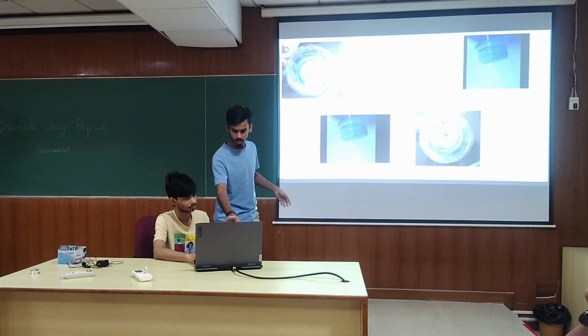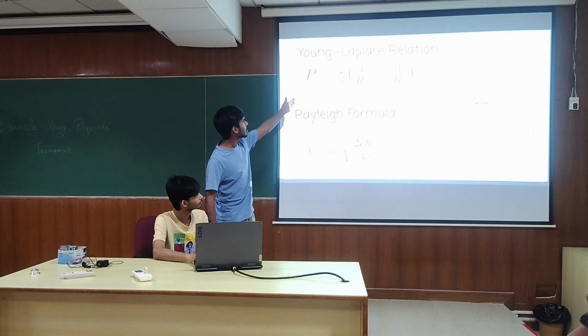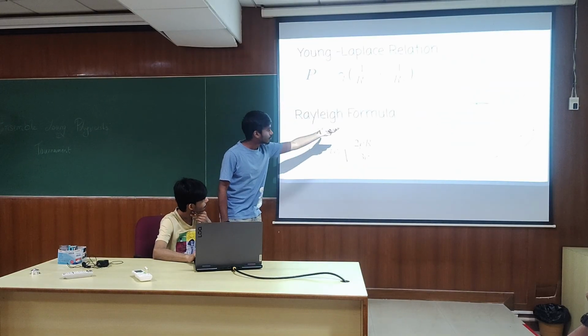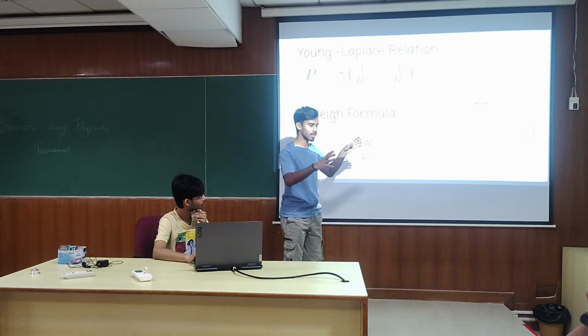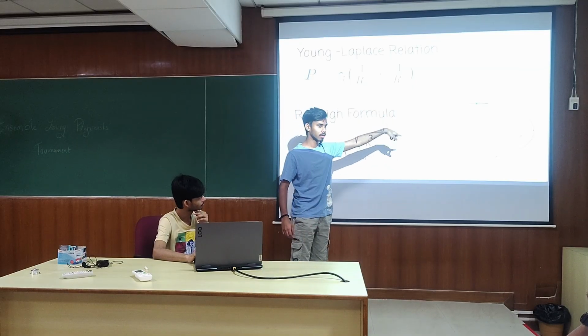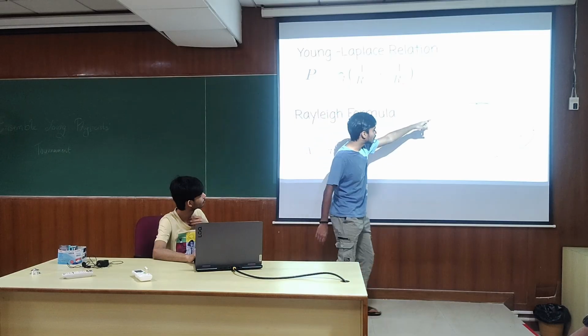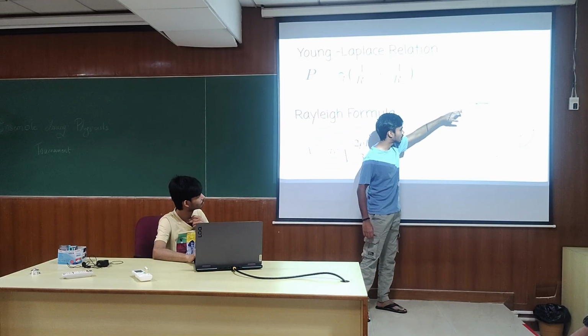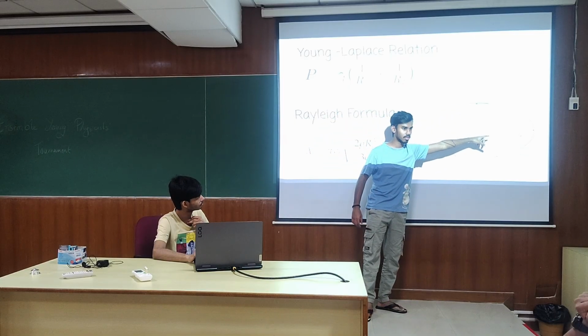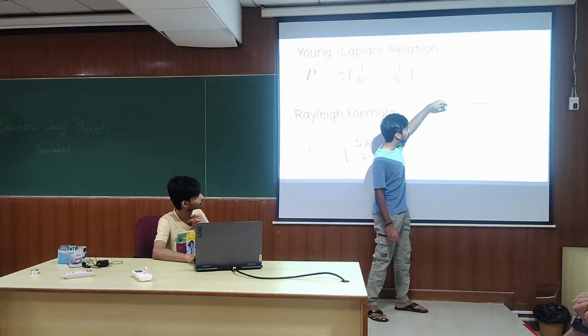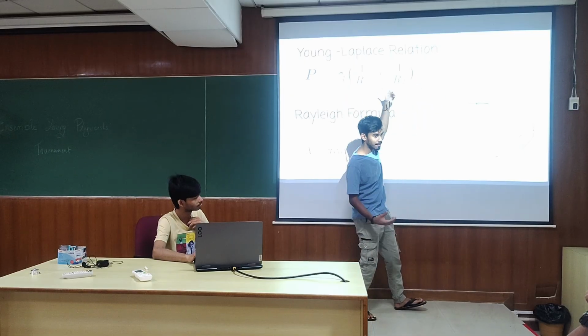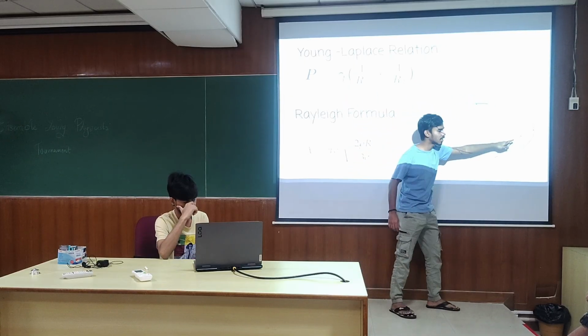Okay, so basically, if I say this is the opening, this is the elliptical orifice. Here you can see that the radius of curvature is larger and here it is smaller. So the force due to the pressure difference here is smaller and here it is larger.